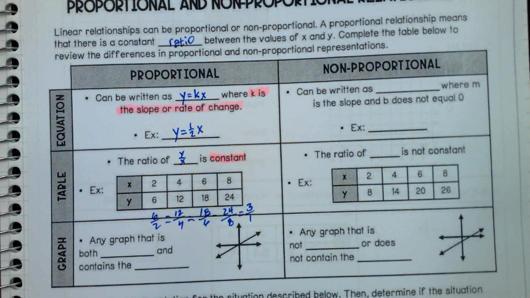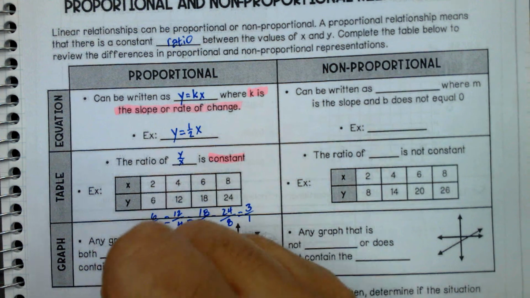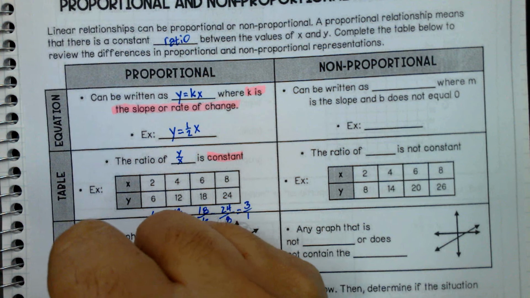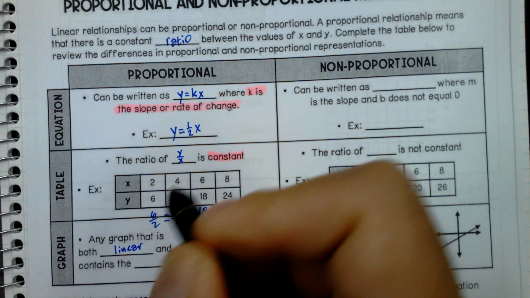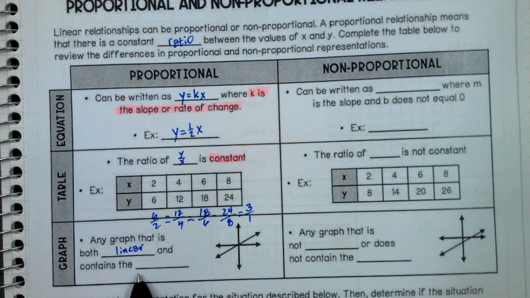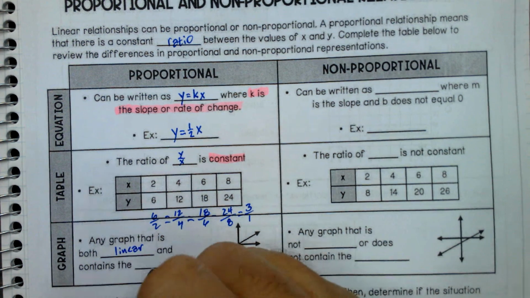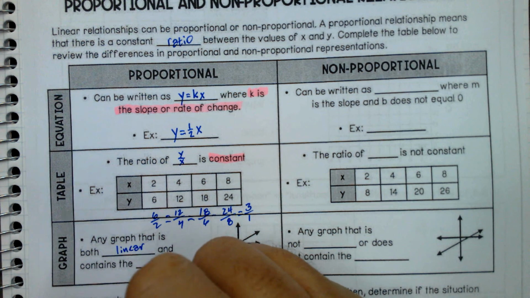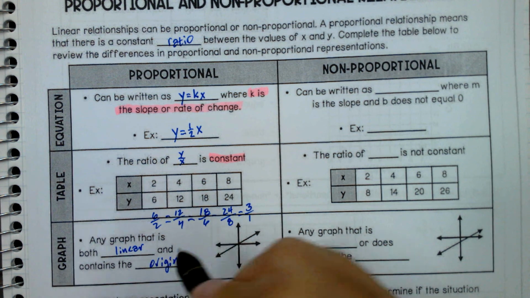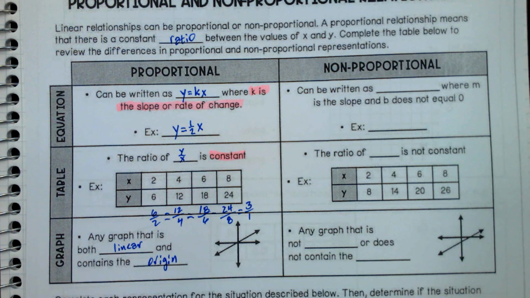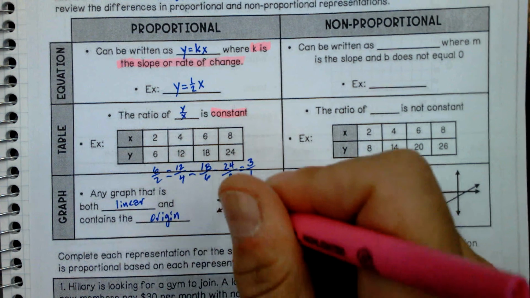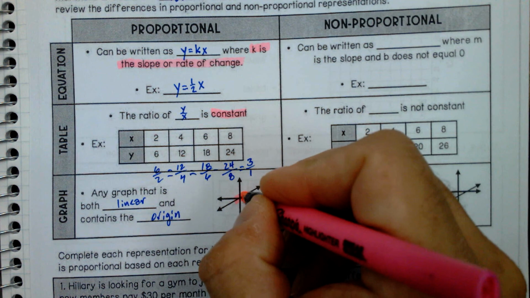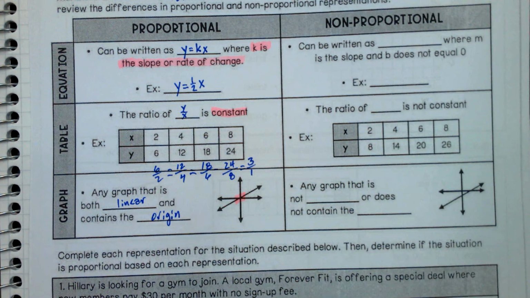Any graph that is both linear and contains the origin. Yes, Gabriel. I was going to ask if doesn't it have to pass by the origin? Yes. It has to go through the origin. That's the main difference when we're looking at the graphs.